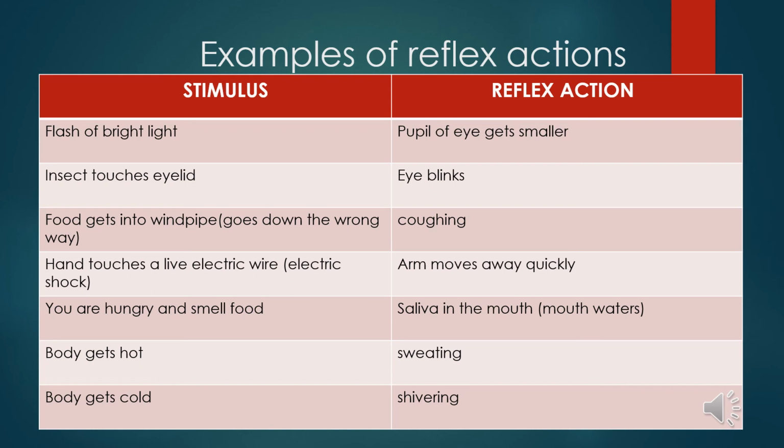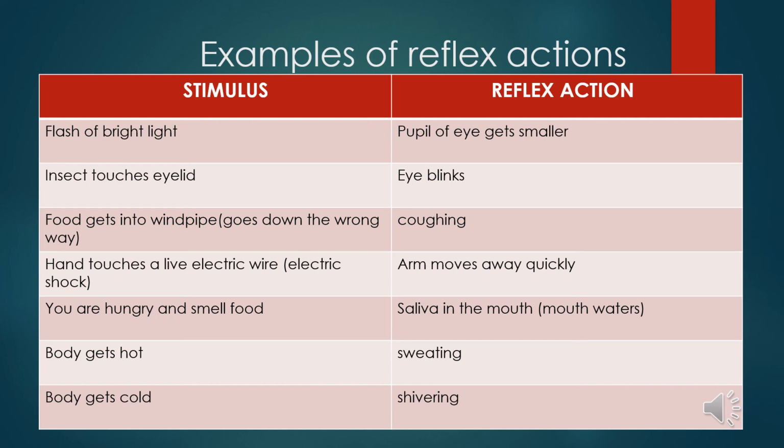When the stimulus is food getting into the windpipe, meaning it goes down the wrong way, then the reflex action will be coughing.